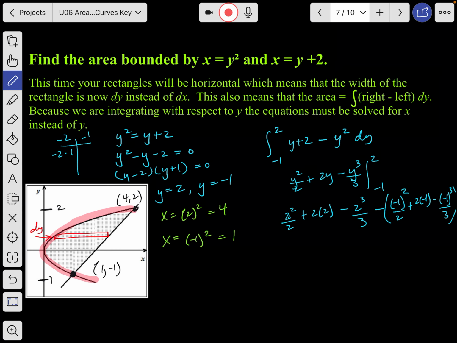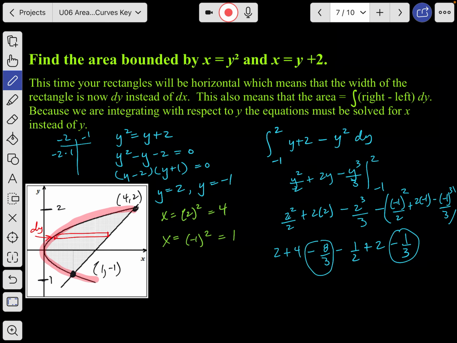So 2 squared over 2, that's going to be 4 over 2, which is 2, plus 4, minus 2 cubed is 8, so minus 8/3, minus, and then -1 squared is 1, so that's going to give me 1/2, plus 2, and then -1 cubed is going to give me -1, so that's plus 1/3, and then we'll distribute the negative, so that's minus 1/3. Okay, I think I have all my numbers right. Let me just double check. Plus 2, yes.